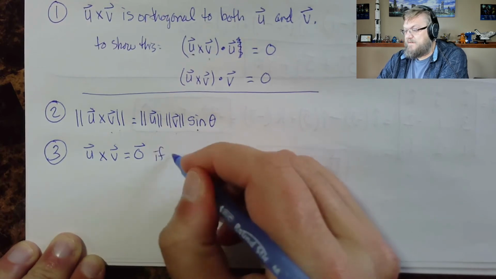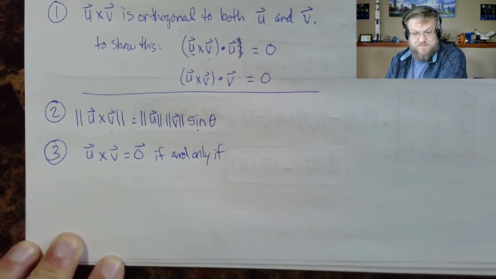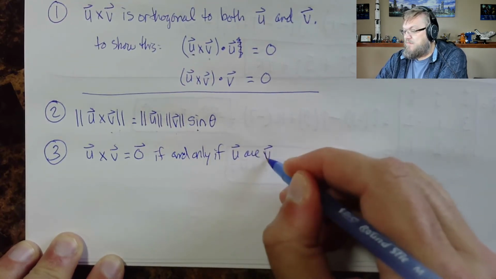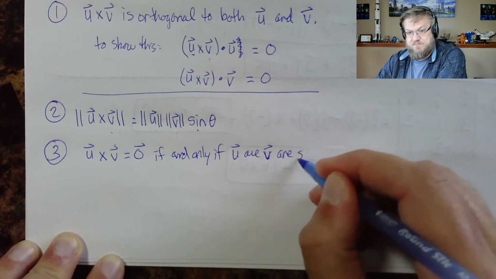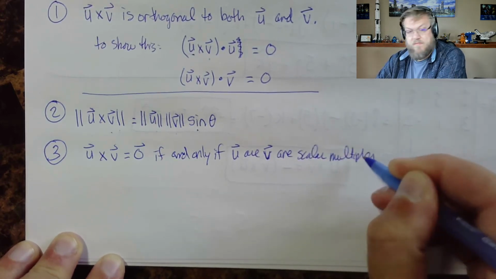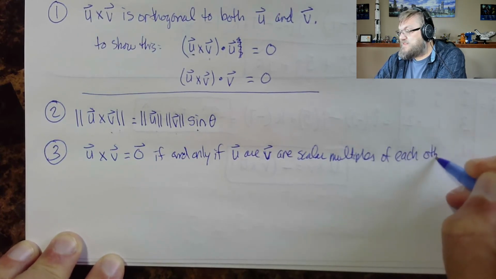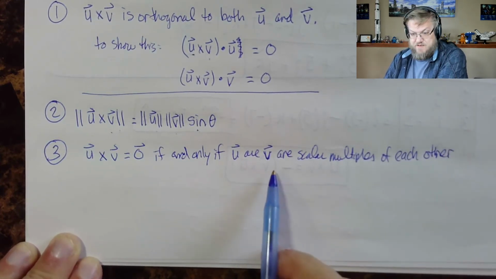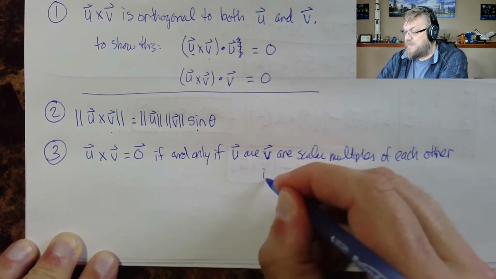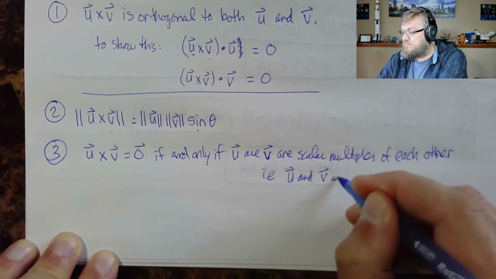This happens if and only if u and v are scalar multiples of each other. Wait a minute, didn't we have a nice shortcut way of saying that? Isn't that saying that u and v are parallel? In other words, u and v are parallel. Huh.